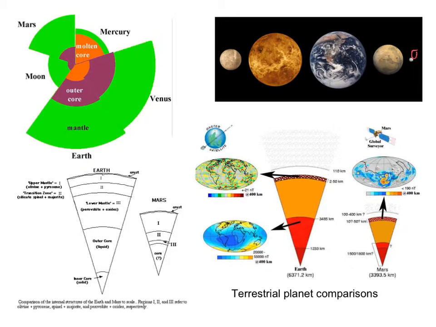We know that Venus has no global magnetic field. We actually have found that Mercury, even though it's so much smaller, has somewhat of a global magnetic field. We know that Earth has a global magnetic field. There was a long time question mark about Mars, and I'll play a clip in just a minute that talks about that.